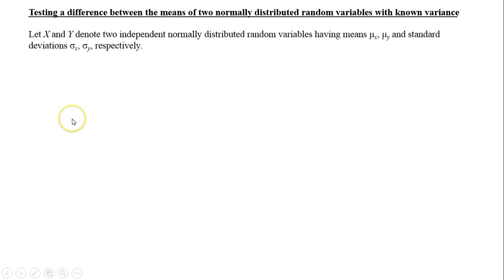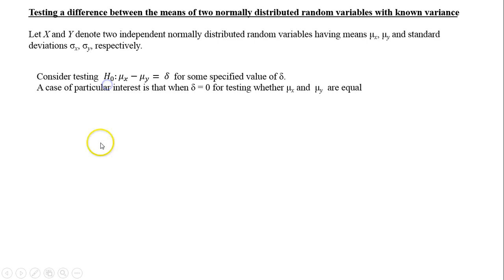Now, testing the difference between the means of two normally distributed variables with known variance. The previous one was with unknown variance. This is definitely two normally distributed variables with known variance. So let x and y denote two independent normally distributed random variables having means mu of x and mu of y and standard deviations sigma x and sigma y respectively.